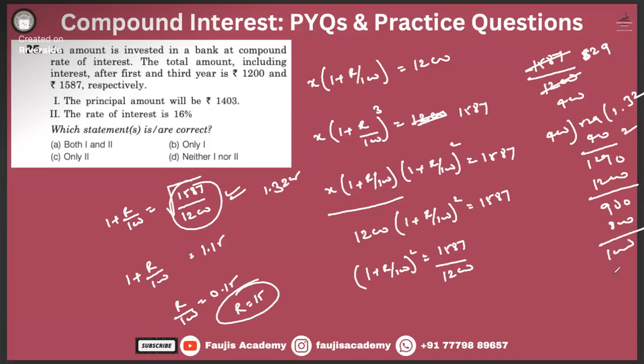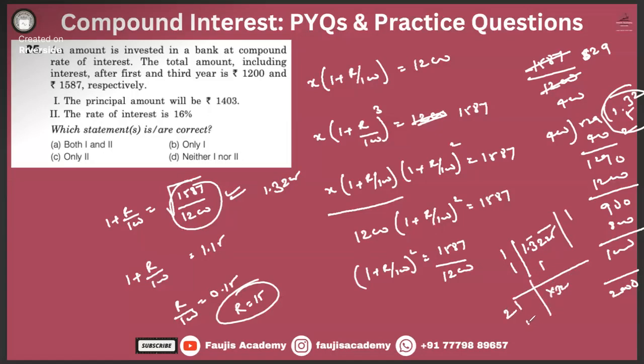Then how much will be remaining? 200. Another 0. Then 5 times. Did we get 1.3225? And how do you find the root of this value? 1, 21, 22, 5 times. So 1.15. Is it clear how to do all this calculation?